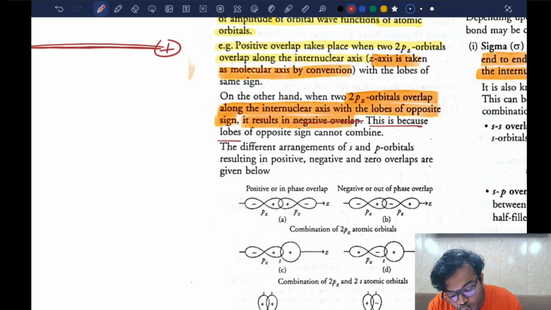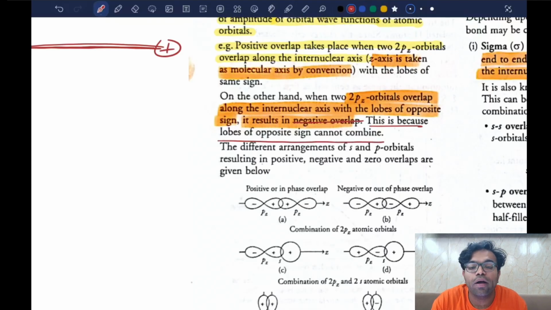This is because the lobes of different signs cannot combine. Only the lobes having the same sign, the same direction of spinning electrons, can overlap with each other.